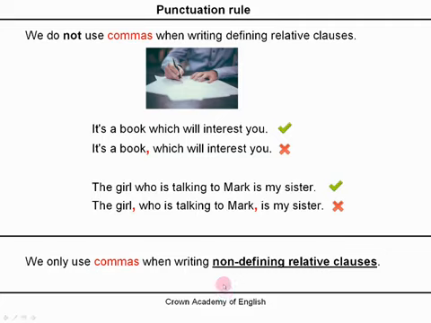This is a different type of relative clause, and I will explain it in a different video. But just understand that for defining relative clauses, everything I explained in this video, you do not use commas.